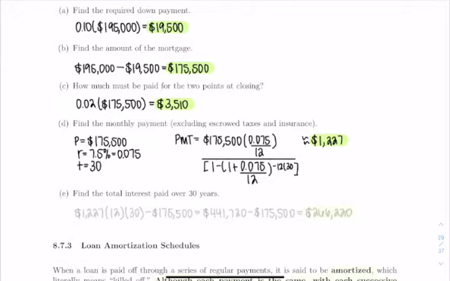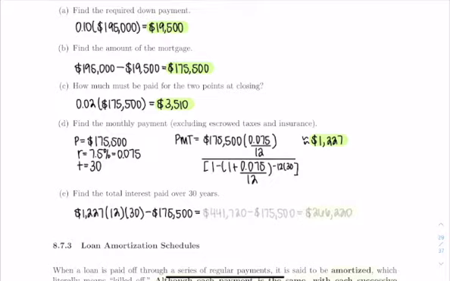We want to know what the total interest paid over 30 years is. So if we're paying $1,227 every month, times 12 for 30 years, we're going to subtract the mortgage we took out from that, which was $175,500.